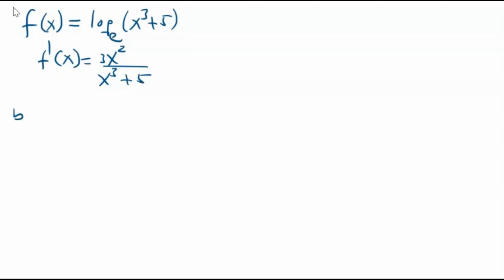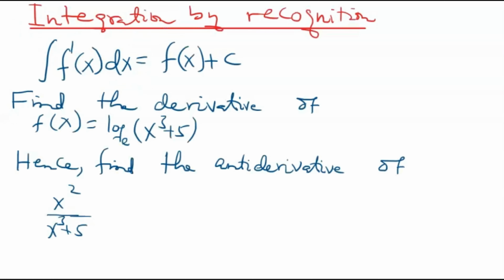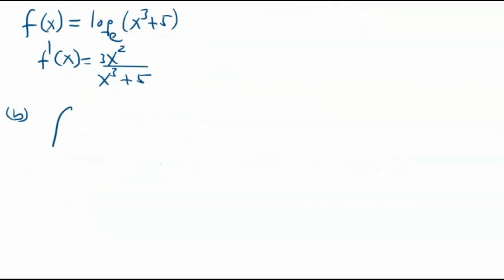If we integrate that, which is the second part of the question, we just use integration by recognition. We just need to realize what the question is asking: to find the antiderivative of this.